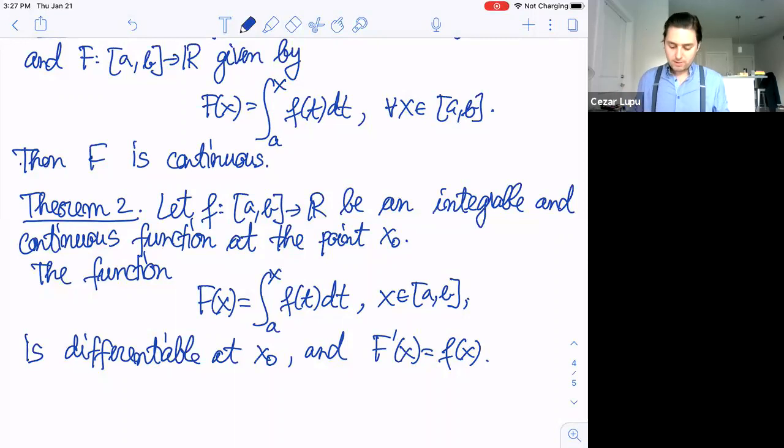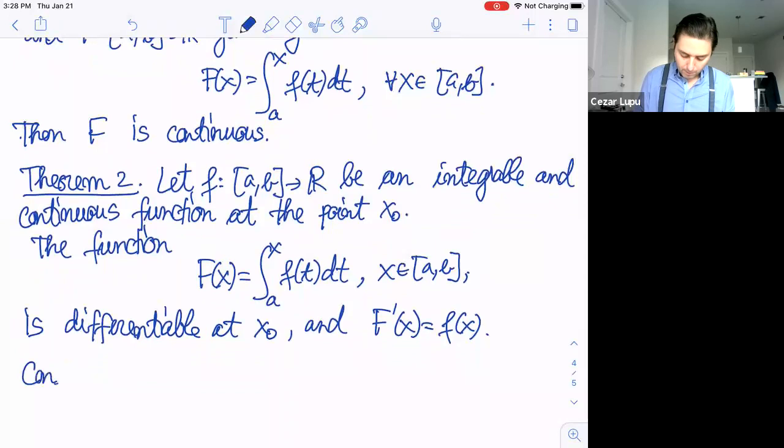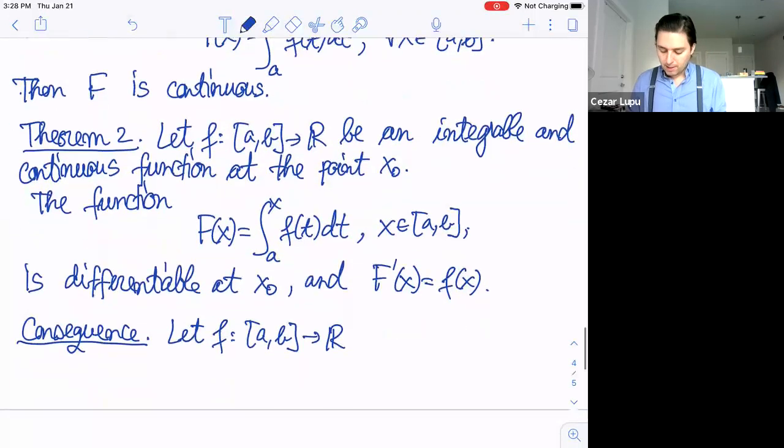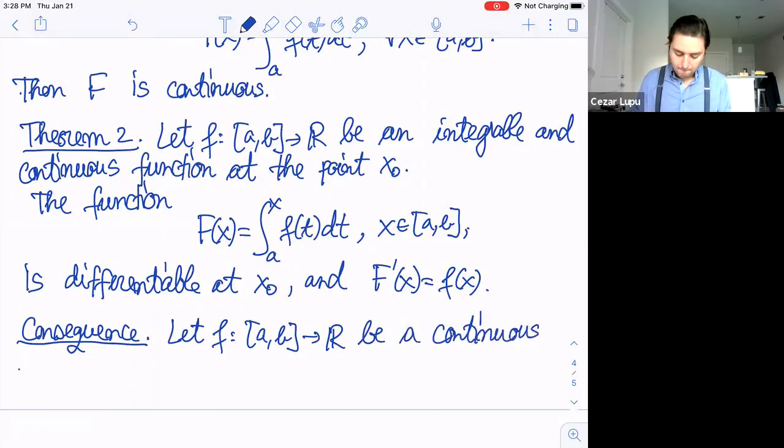And now as a consequence, let f be a continuous function on the interval [a, b].